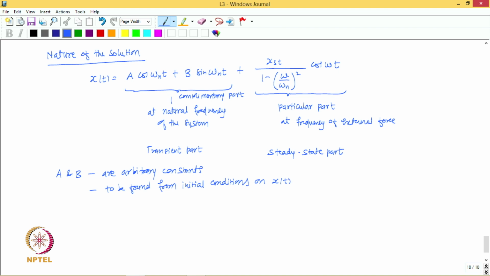So, we need to impose the initial condition on the complete solution x and find A and B from there. If at t equal to 0 the displacement x of t is equal to x naught and the velocity x dot of t is equal to v naught, then we can find A and B, and if we substitute into the solution, the final equation would look something like this.